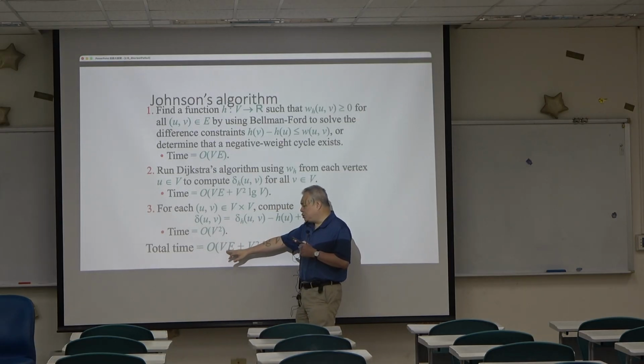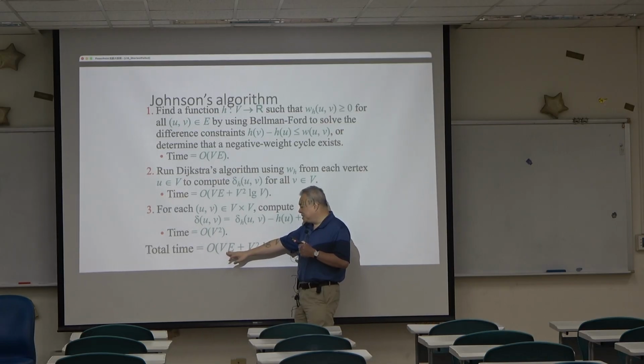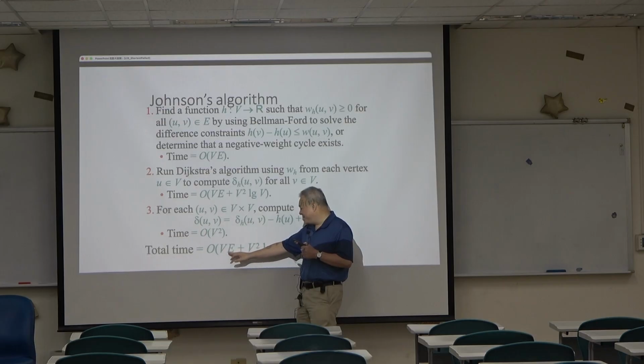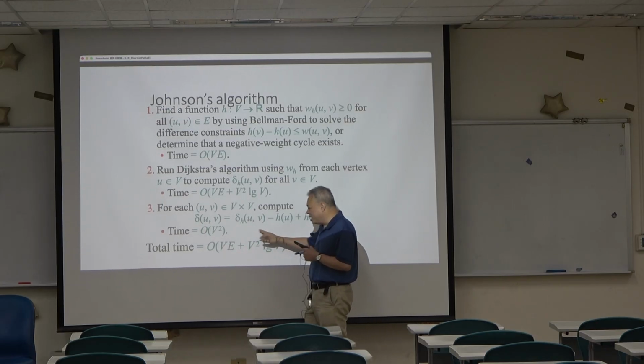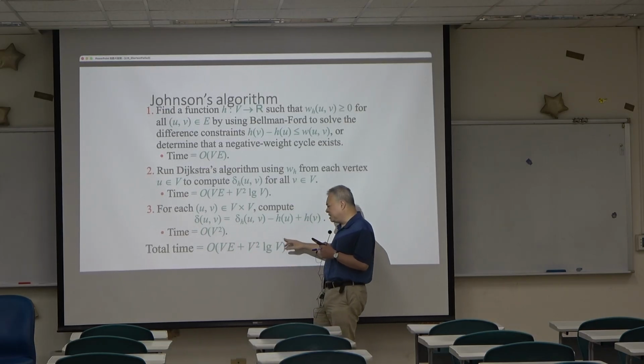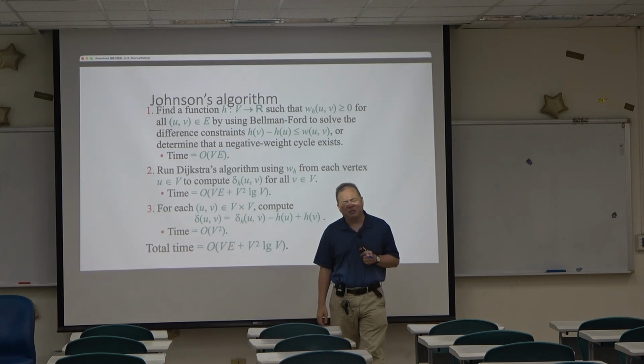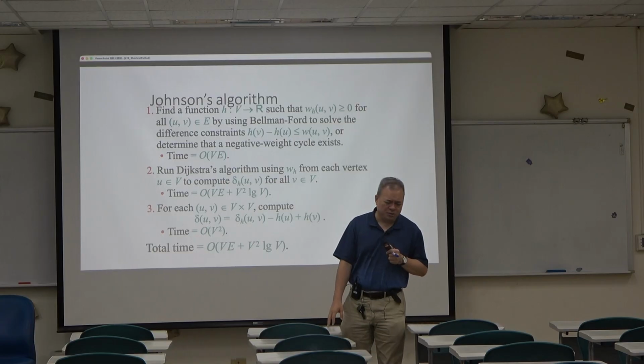Because the E, if it's a dense graph, E is roughly V squared. If that's the case, this one is going to become kind of like V cubed. If it's V cubed, then it's similar to Floyd-Warshall, right?